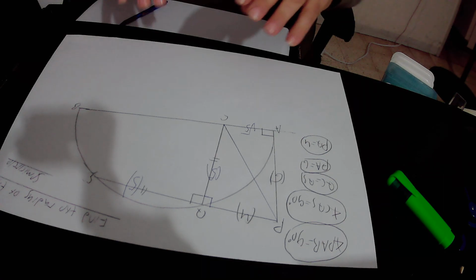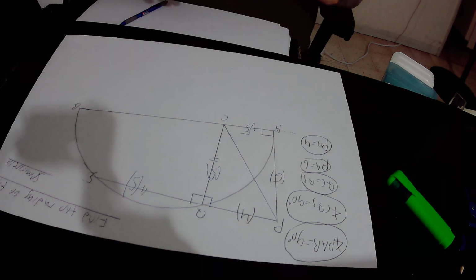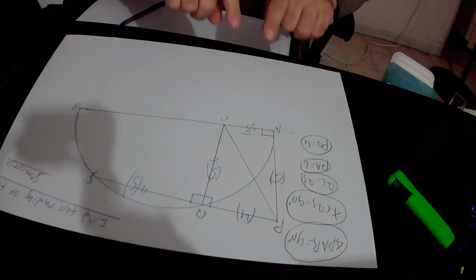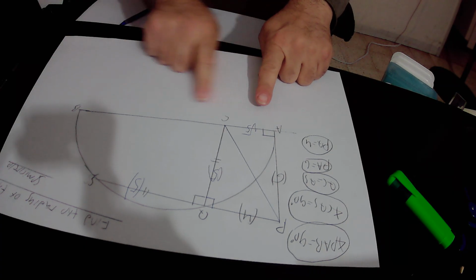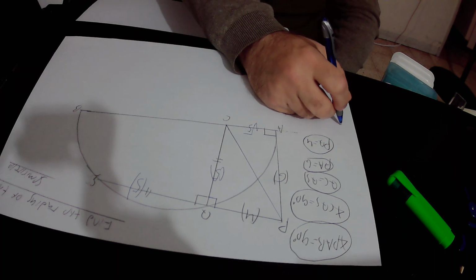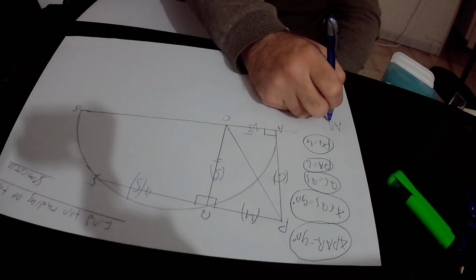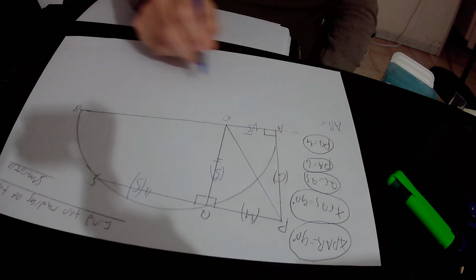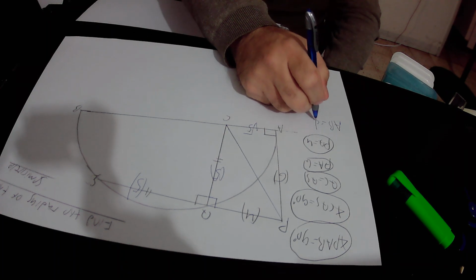So we know that this is a semicircle, and therefore AB must be the diameter of this semicircle. So I'll write it down: AB is the diameter of the semicircle.